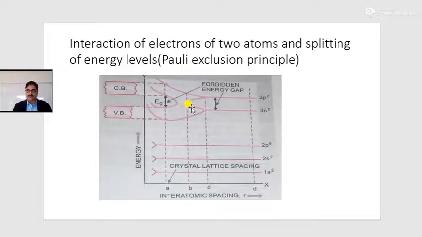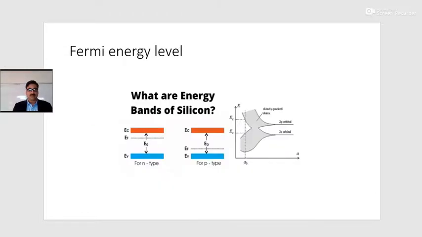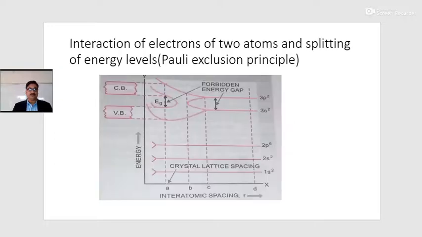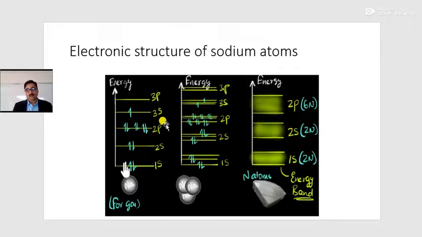Here another line becomes 2. So finally, splitting is also important to understand the band, either conduction or valence.